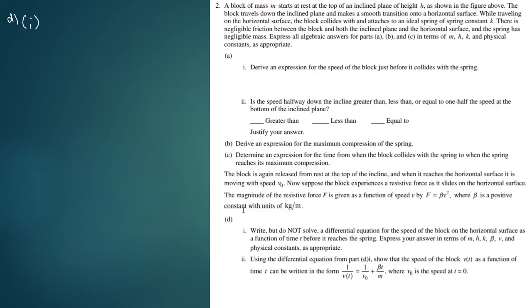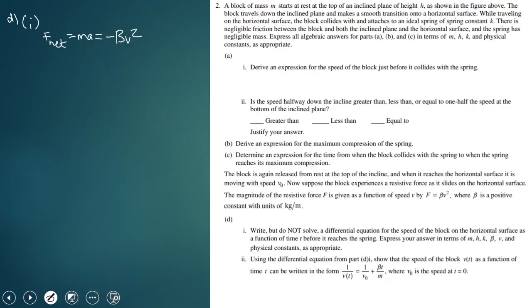Okay, so in this case, the easiest way, the only way technically, is just writing an F net statement. That's equal to ma, and our F net is a force going backwards, and then we have our initial velocity. The only net force that we have is this resistive force that's acting on us because of our initial velocity from our kinetic energy obtained from going down the inclined plane.